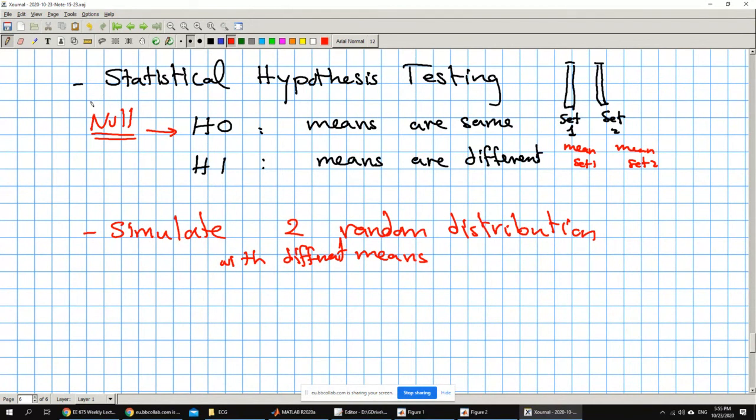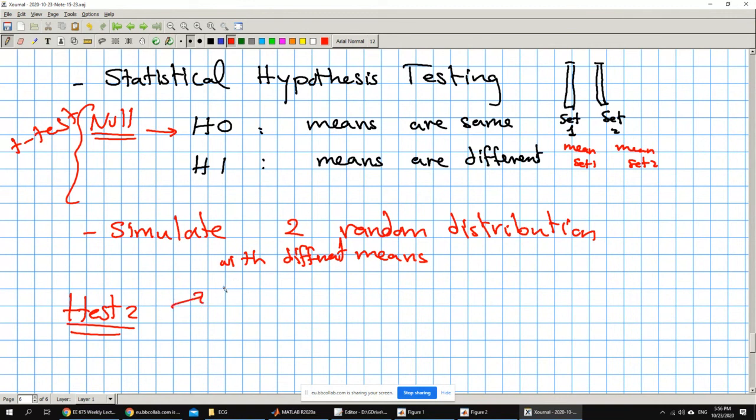The function that does that in MATLAB is called t-test. The MATLAB function is ttest2. If I'm comparing two sets of samples like this, the function is ttest2. What comes out of ttest2 is two things.